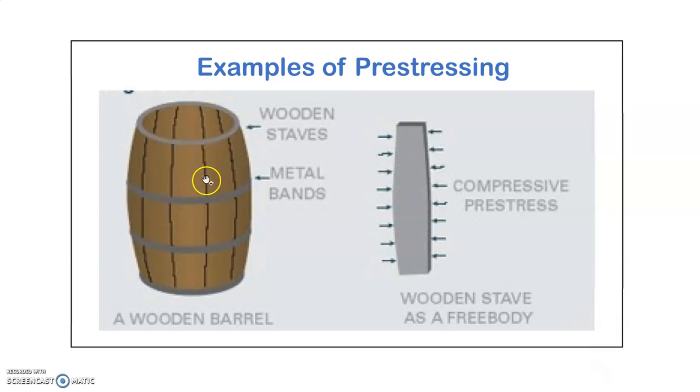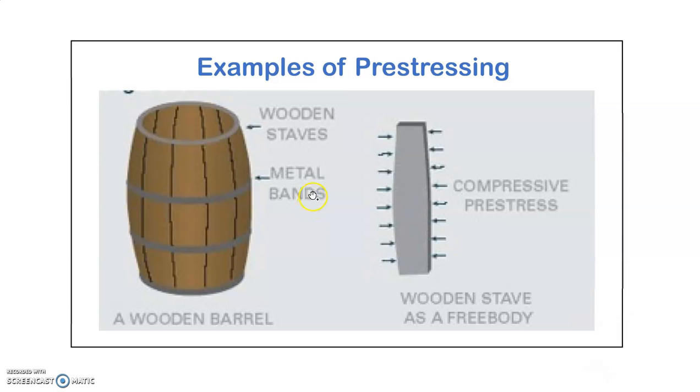At that time the grains or liquids will push the wooden staves in the outward direction, but these metal bands will not allow the outward movement of the wooden barrel. See here, this is the wooden stave. It is considered as a free body. It is subjected to compressive force on either side by the metal bands.